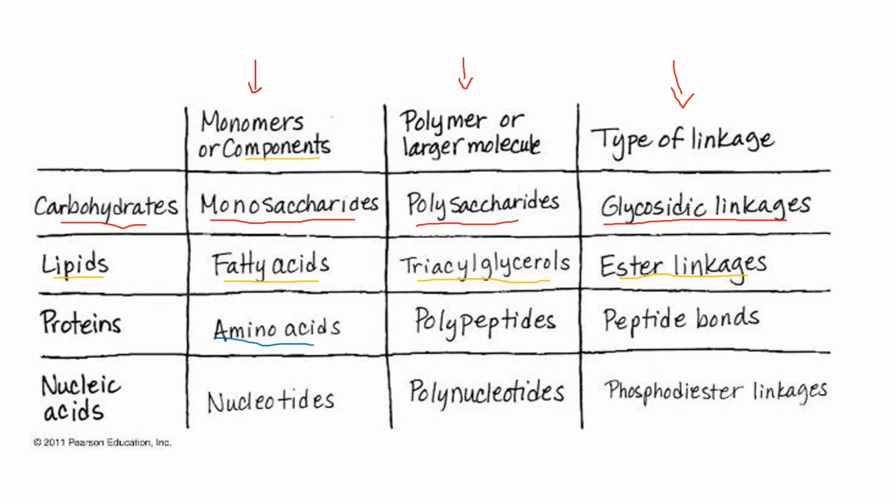And when you unite a lot of amino acids, you will get polypeptides, and they are attached by peptide bonds. Finally, later we will talk about nucleotides, and the polymers of the nucleotides will be polynucleotides, and the type of linkage is phosphodiester linkage.